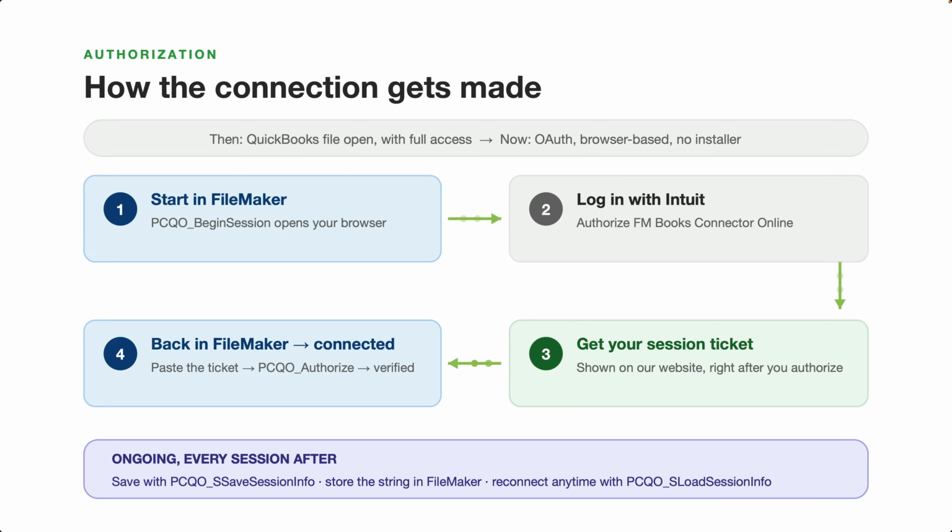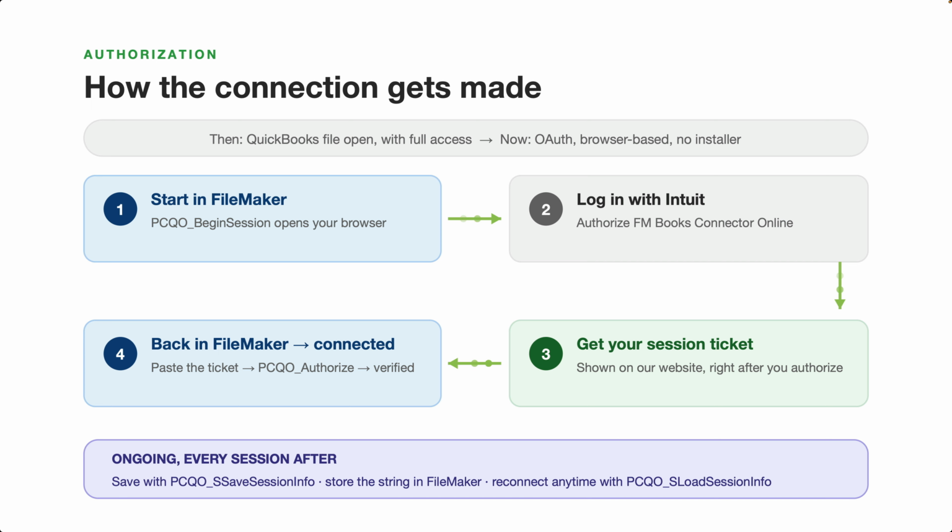So from that point forward, you're managing session data across every subsequent use. After a successful begin session, you'll call PCQO save session info, which generates an encoding string containing everything the plugin knows about the connection. It'll then store that string in a field in FileMaker.